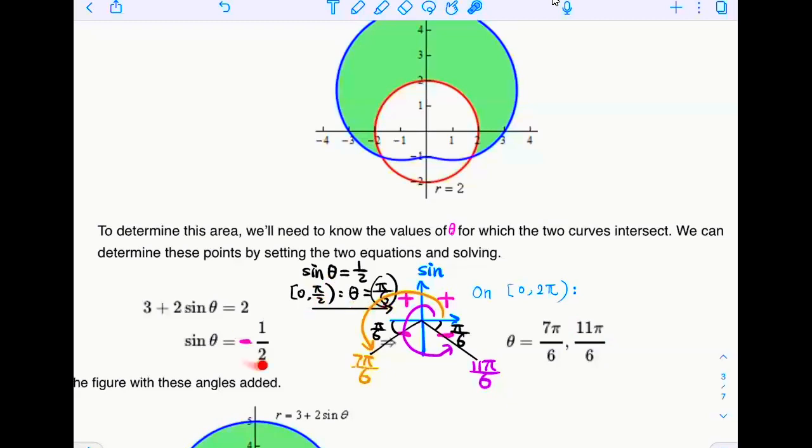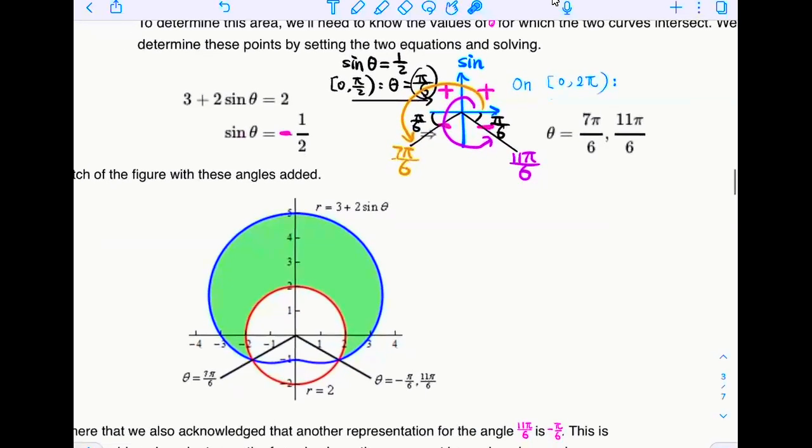Then you look at the side and determine whether it is above or below. Then you use the reference angle here and here, and you can read from the diagram to see the angle here and here. So we got 7 pi over 6 and 11 pi over 6.